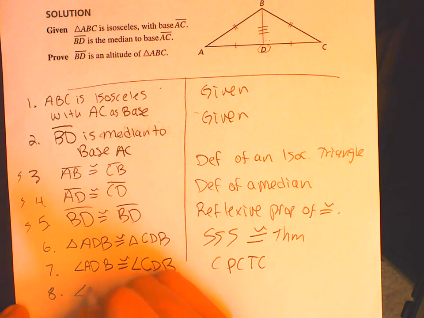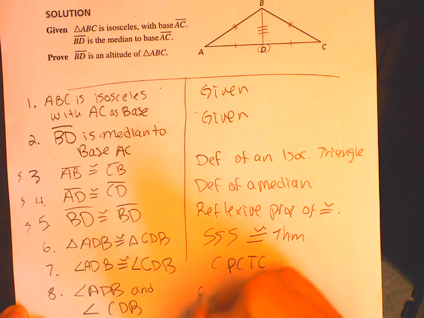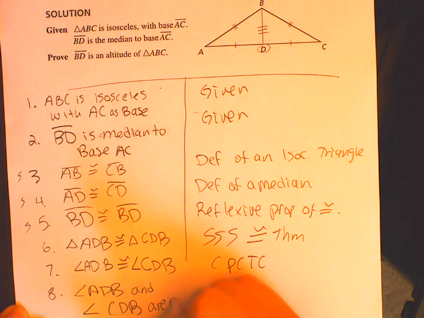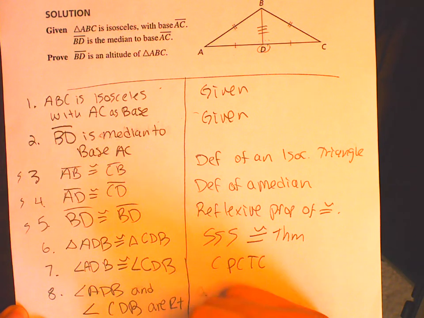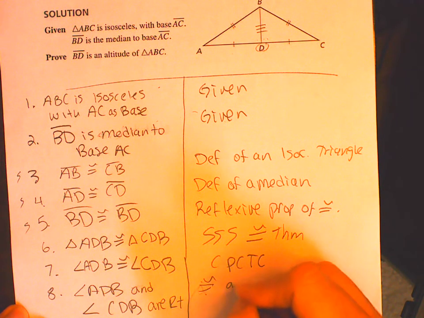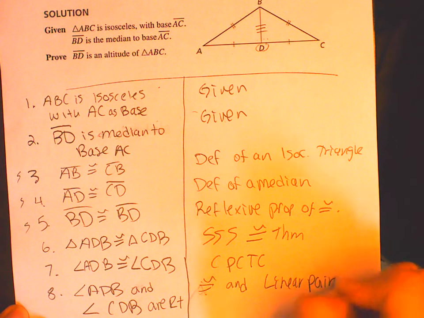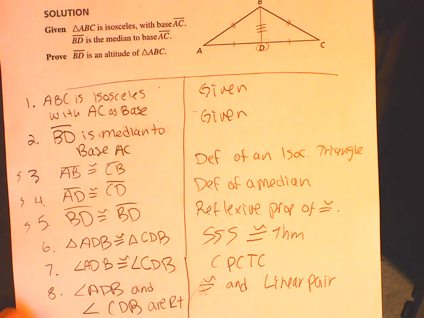So angles ADB and CDB are right, because they're congruent and a linear pair. If they're right angles, that means it's perpendicular.